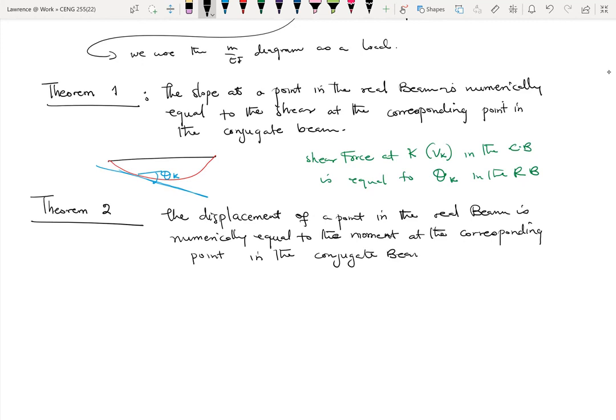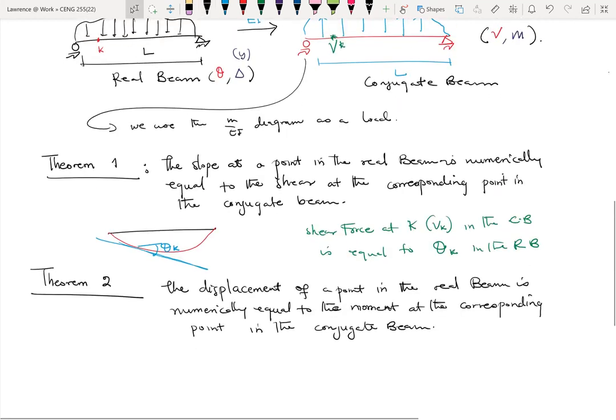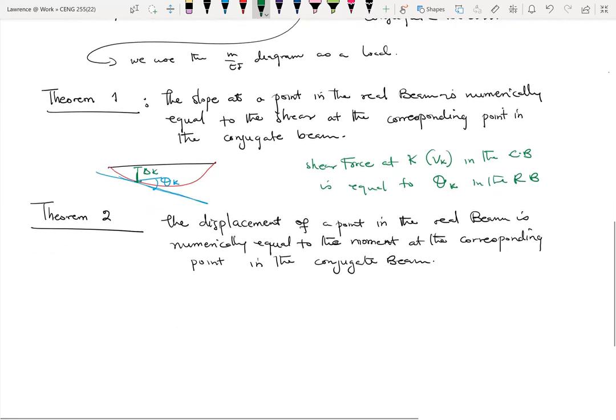Okay. So back to the same K. If I want to find the deflection at K, so I want to find this deflection right here, delta K. I'm being told that if I want to know delta K in the real beam, then I need to find the bending moment at K in the conjugate beam.